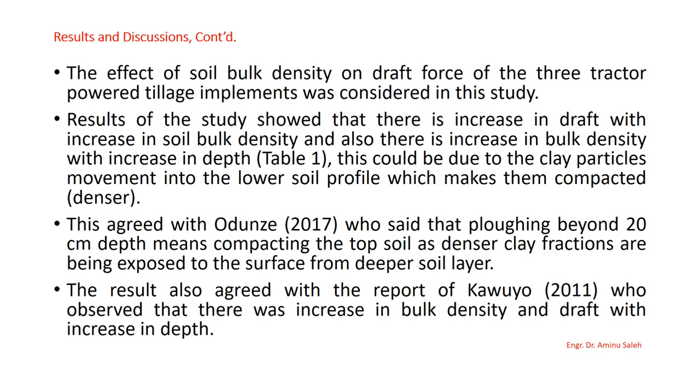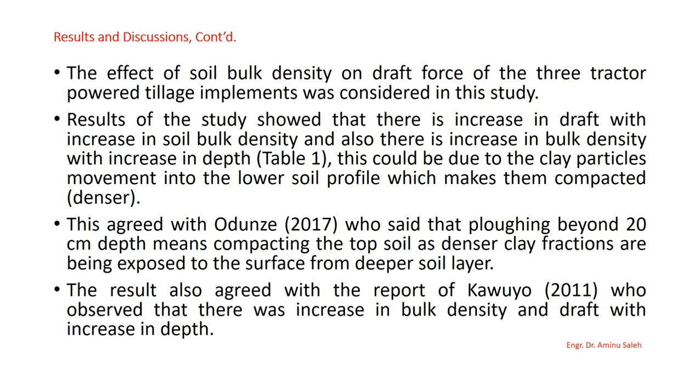Still on draft, we look at the effect of soil bulk density on draft force. Three tractor powered tillage implements were considered in the study. The results of the study show that there is increase in draft with increase in bulk density and also increase in the bulk density with increase in depth. That is, as the depth of the cut increases, the bulk density of the soil increases.